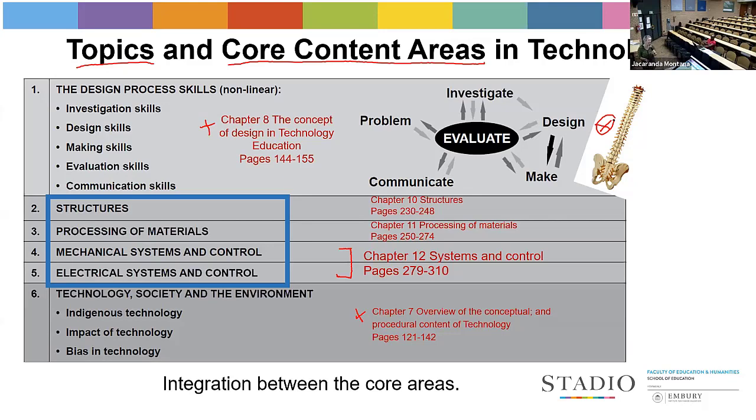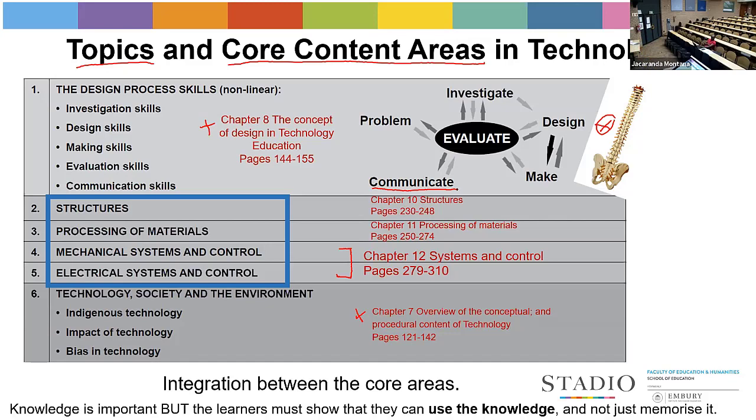Then you actually make the product, and at the end, the learner should communicate. Now you can decide either in writing or PowerPoint or discussion, and the communication will be after evaluation as well. But we're going to go through this process later on.